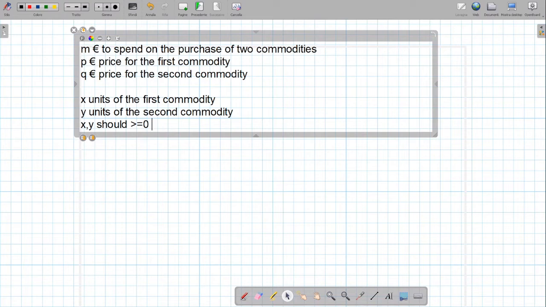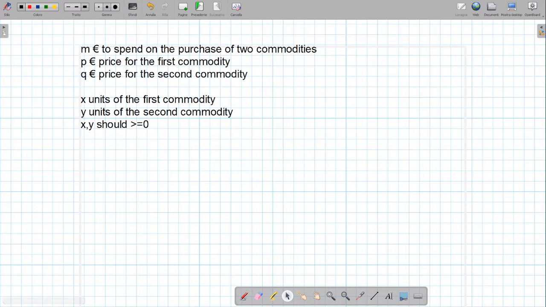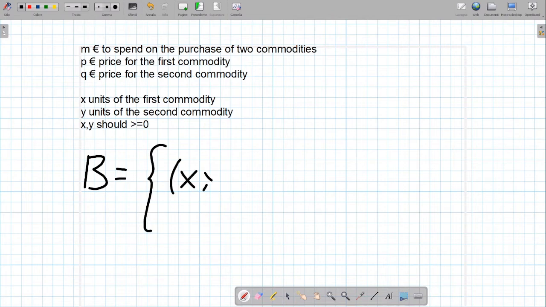And we can now define the budget set. So we can just say, okay, what is the set that describes our budget? And we can write the set by trying to understand how we can make the equation.